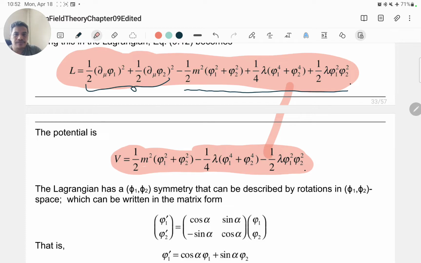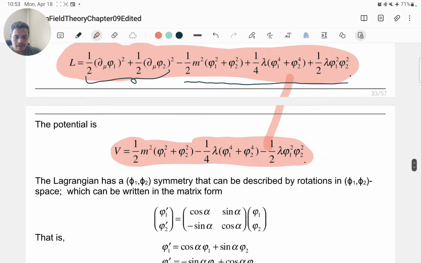So it is very clear that the Lagrangian has a phi 1, phi 2 symmetry that can be described by the rotation, that means the exponential of an imaginary phase. This can now be written in matrix form.